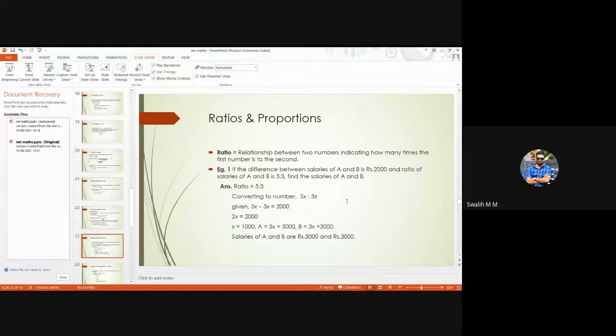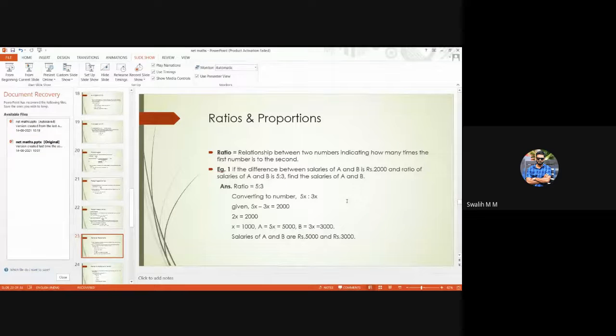Almost all the questions in mathematical reasoning you can answer if you know how to solve linear equations. I can't teach you that; you have to learn it by yourself. So one thing I'm advising you all: if you know linear equations, well and good. If you don't know, you must go and study how to solve linear equations in one variable as well as in two variables.